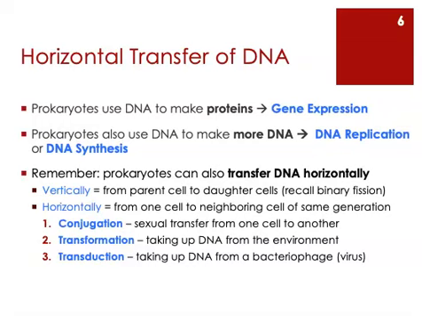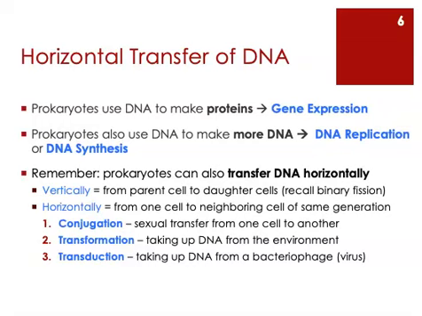Conjugation is a process that we think of as being the sexual transfer of DNA from one prokaryotic cell to another. Transformation is a process where one prokaryotic cell releases its DNA into the environment, and then another prokaryotic cell takes it in.